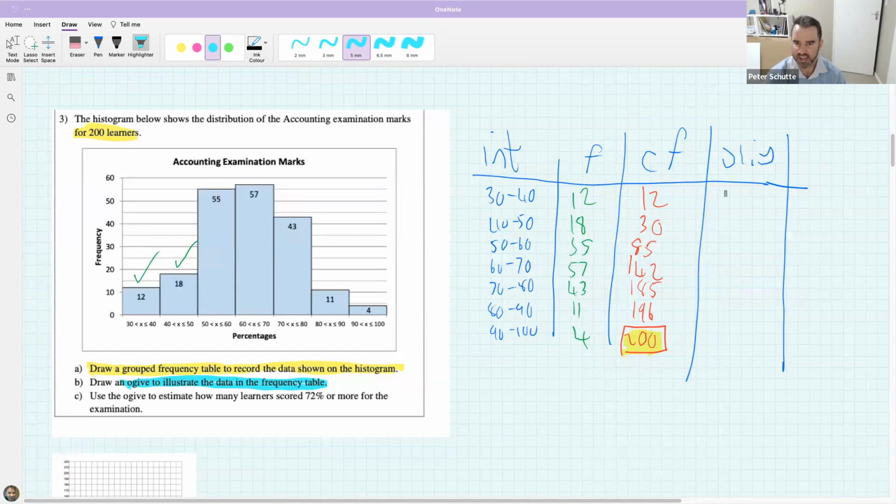When I draw my X value, what's my X value going to be to start with? What's my very first X value and what's my very first Y value going to be for the points that go on my ogive? That's the thing we have to remember. So yeah, it has to be the end of the interval. So this is going to be 40, and that's going to be 12.